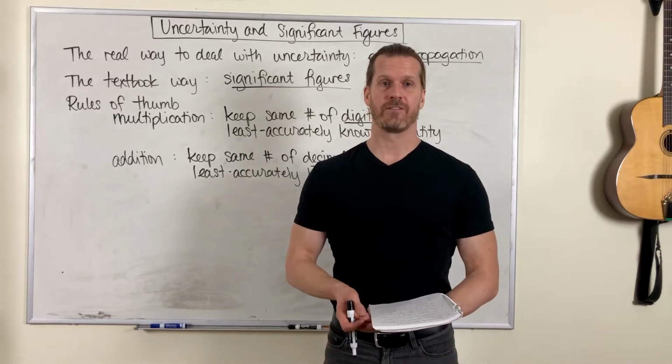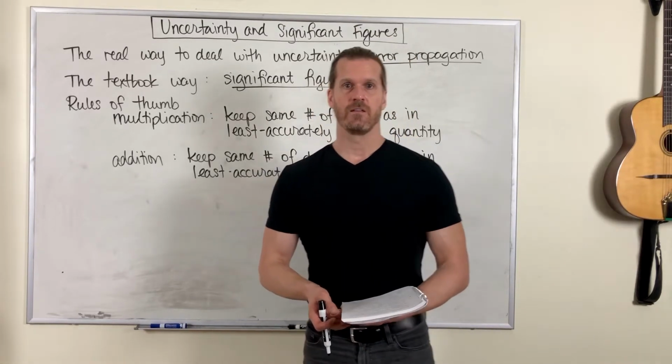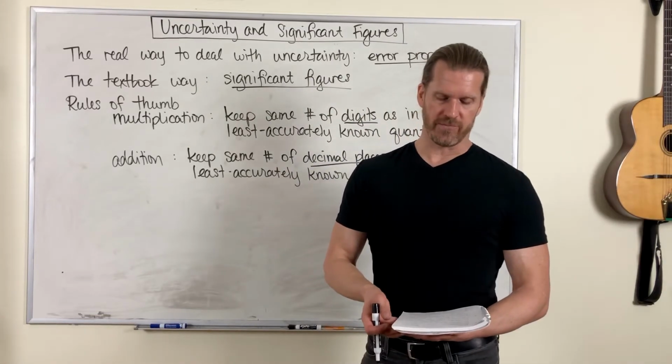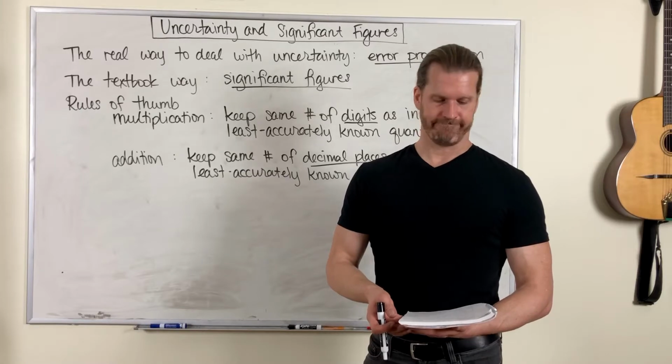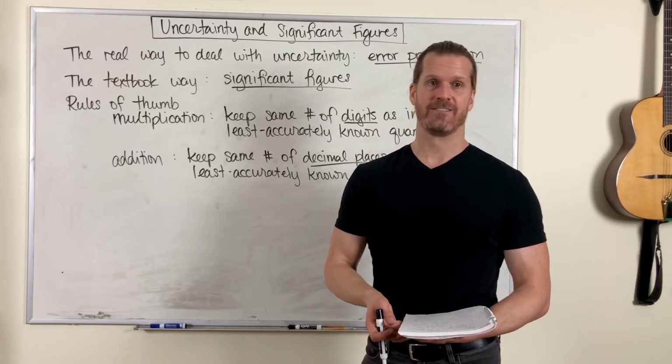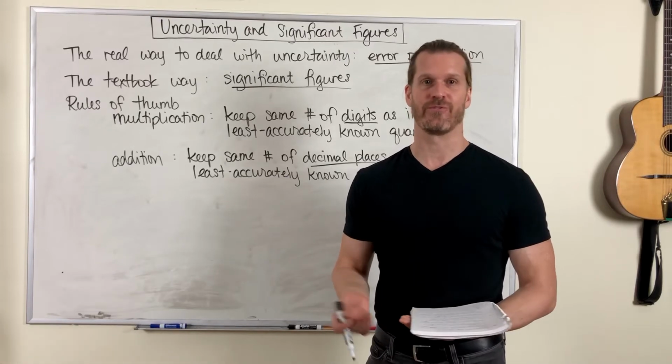Okay, let's talk about how we express uncertainty in measurements. Now, no measurement has 100% accuracy. You're limited by your tools, you're limited by the precision of a ruler you use to measure length.